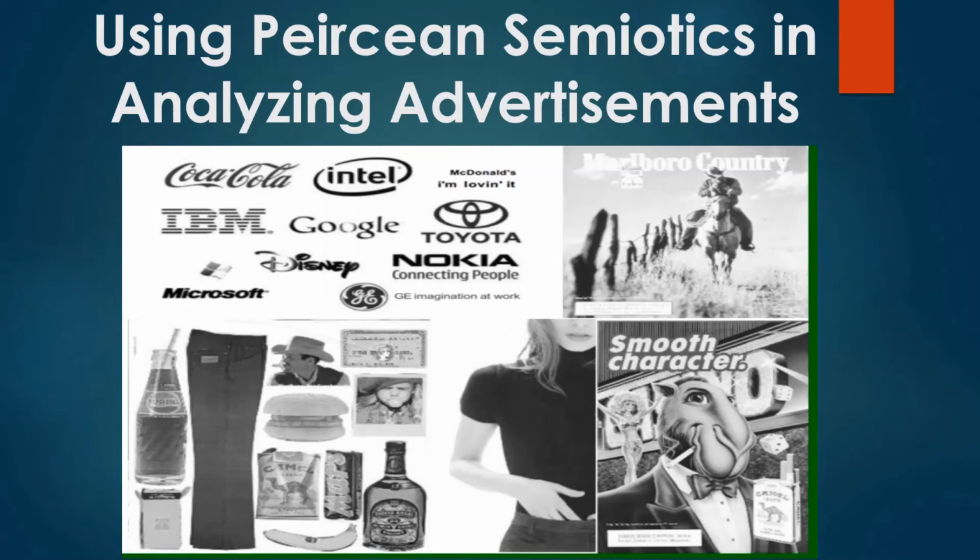A particular example of a symbol in ads would be that of the white horse, used by White Horse Whiskey, where the horse standing in a bar or on the top of a mountain or at a building site stands for the bottle of whiskey itself, although there is no logical connection between the bottle and the sign horse. The sign and its object coexist in the brand name only.